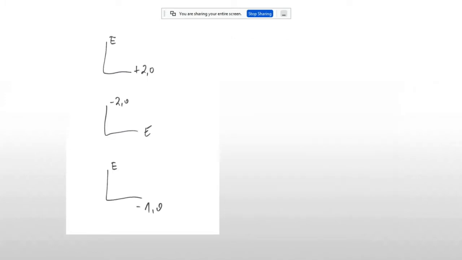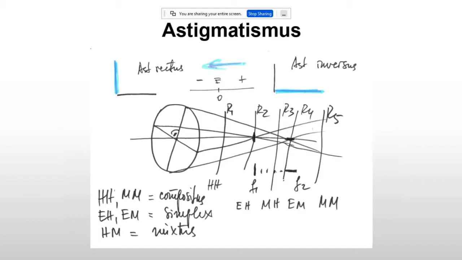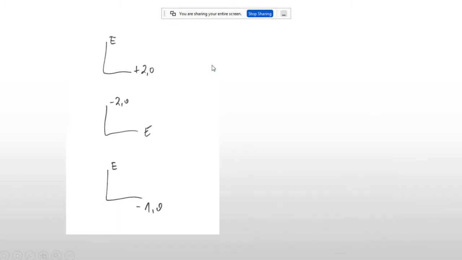Here, rectus or inversus, the first one. The refraction power goes from less plus to more minus. So here, which refracts more? Vertical. That's right. Vertical refracts more, it is rectus.